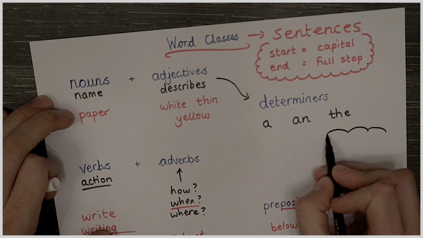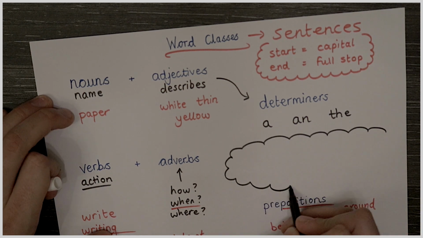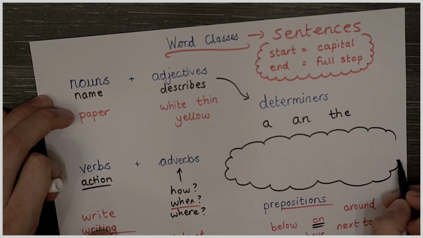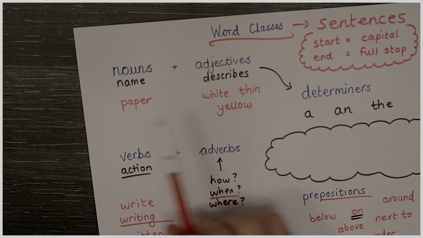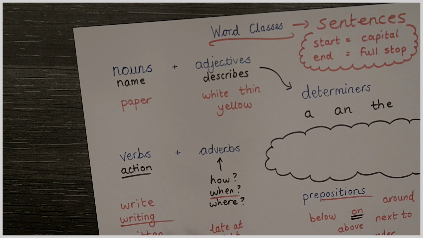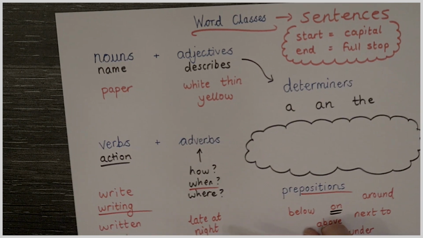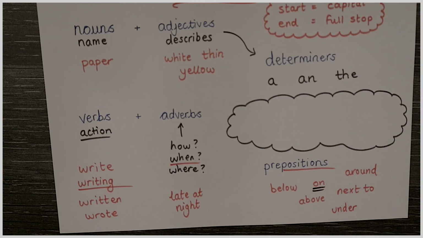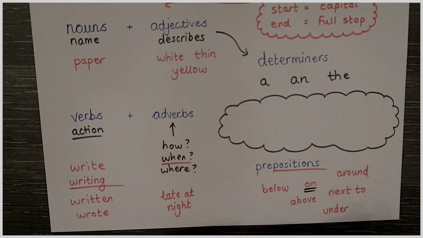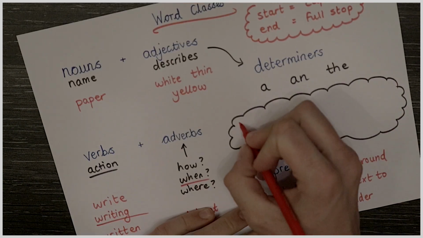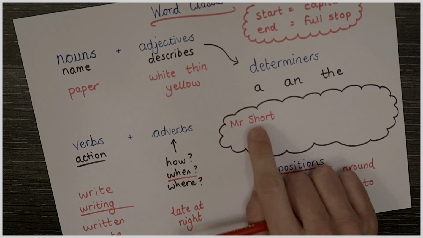So if I'm going to build my sentence now, I need to know which order to put things in. So I can't just say paper white and writing late at night on, because it doesn't make sense. So generally, I have to say that something is happening in a specific order, in a certain order. So let's use me as an example. So let's say Mr. Short. So we're going to start with the subject, which is me.